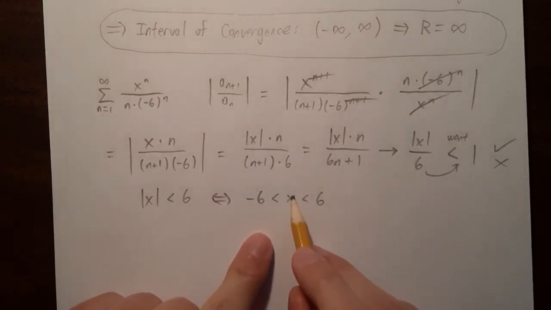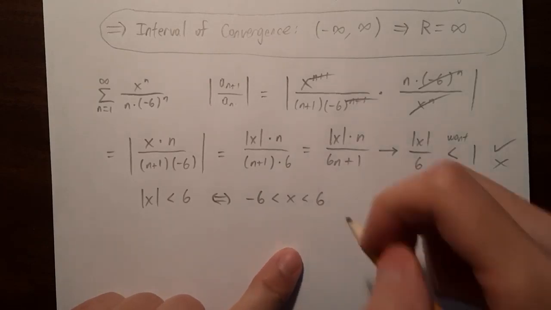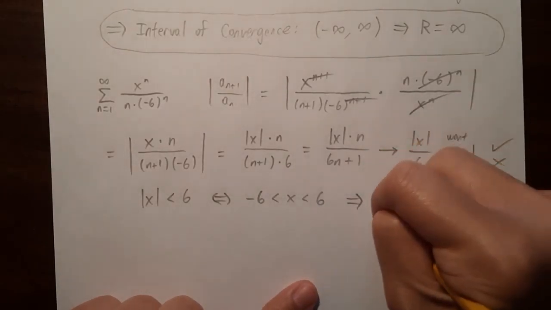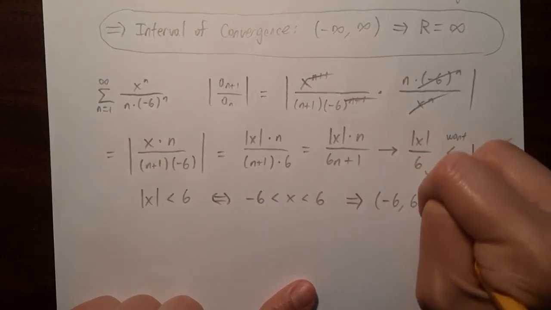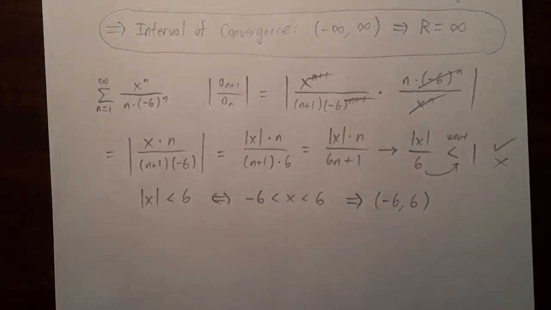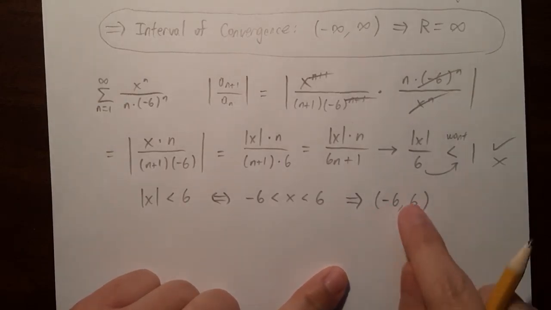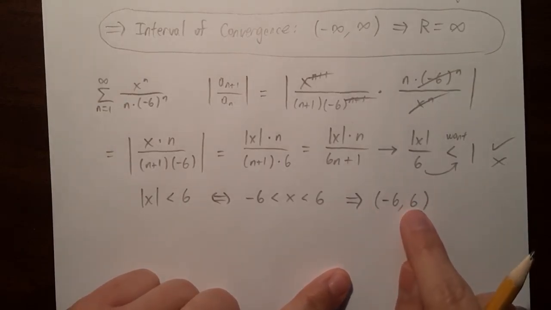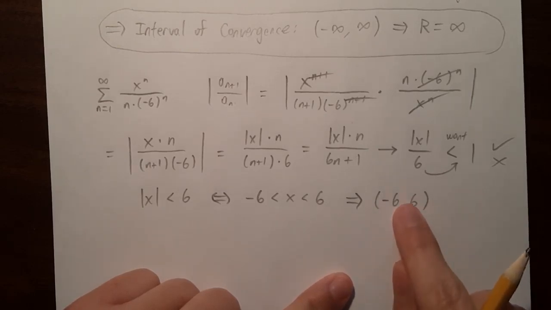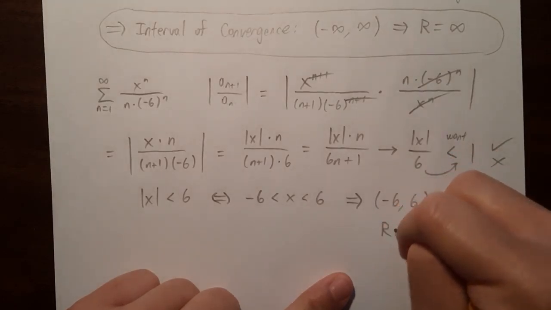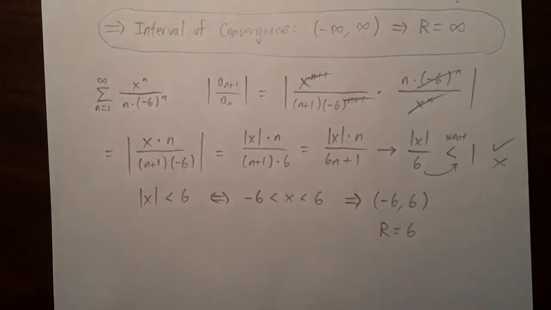We know that x needs to be between -6 and 6. That translates into an interval, the interval from -6 to 6. And what's the radius then? The radius of an interval like this is just going to be half the length. Well, the length of this interval, from -6 up to 6, has length 12, divided by 2, and we get that the radius has to be 6.